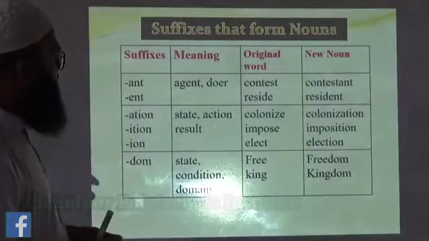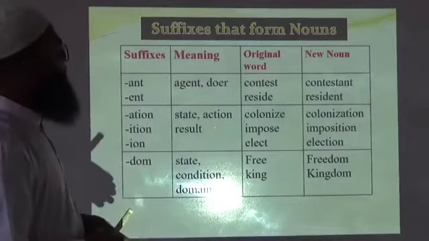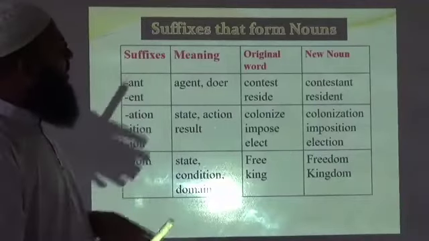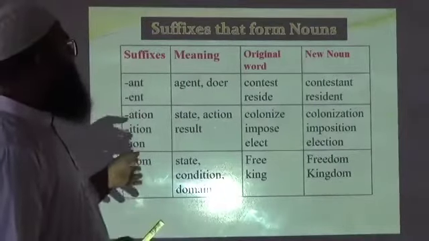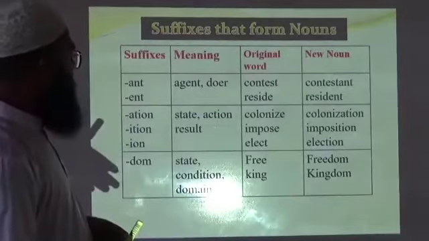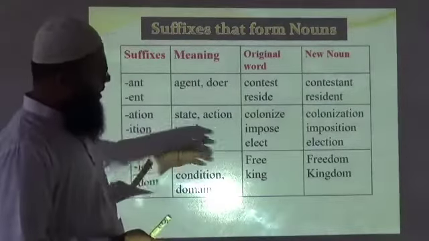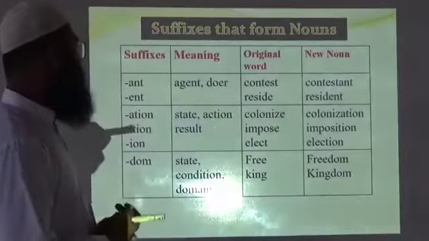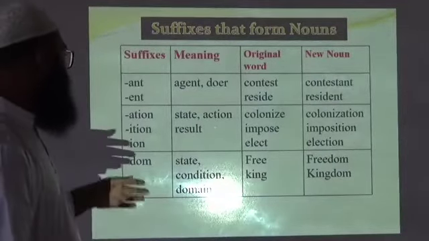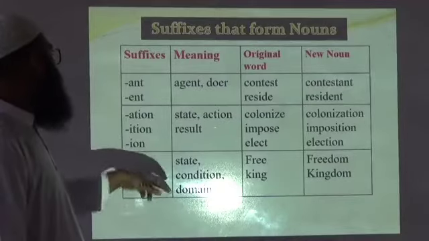Colonization, সাম্রাজ্যবাদ. Impose, that means আরোপ করা. Imposition, আরোপ. Elect, to election. Elect means selecting. From election, নির্বাচন করা থেকে নির্বাচন, noun form.